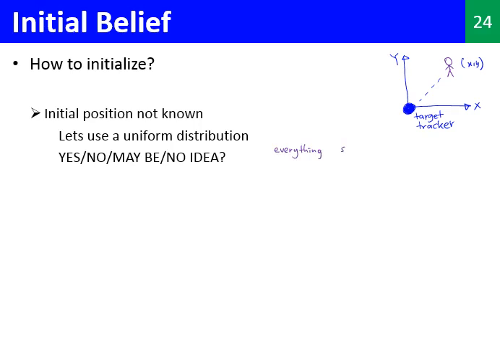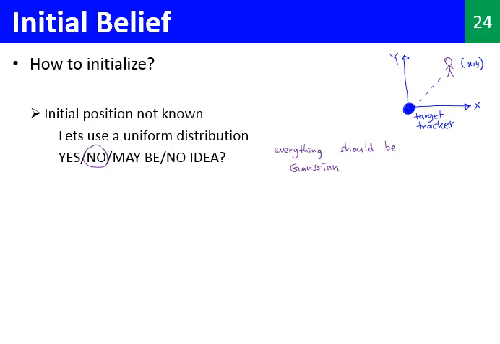Everything should be Gaussian. So we should have some initial mean for the Gaussian. And what about the initial state covariance?